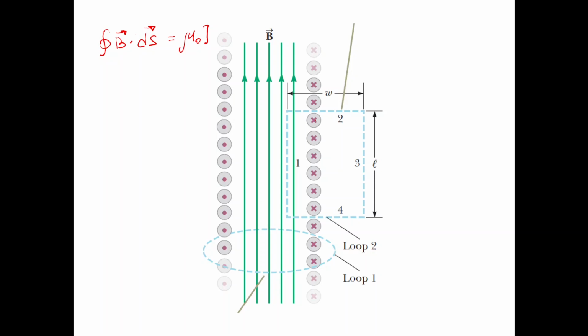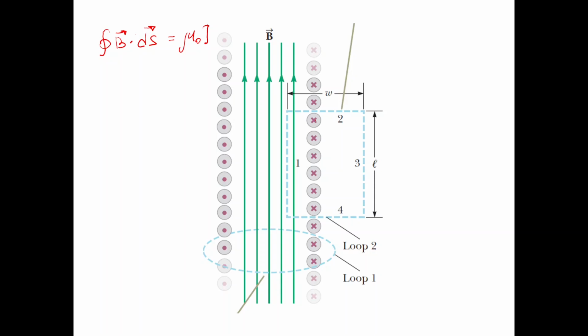Outside, the magnetic field lines are spreading in the space around the solenoid. So the magnetic field inside the solenoid is much larger than outside.